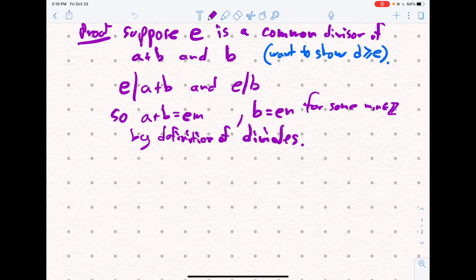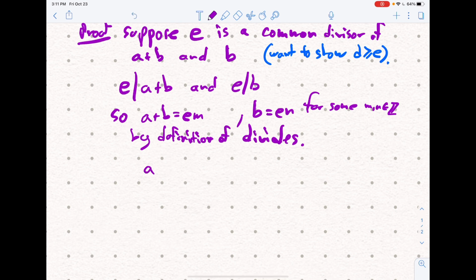So the question, I guess, is how do we do it? We're aiming for D is bigger than or equal to E, and we have these facts about E with us. So let's follow our noses. We know that a plus b is EM and b equals EN. I'm just going to substitute this one in here.